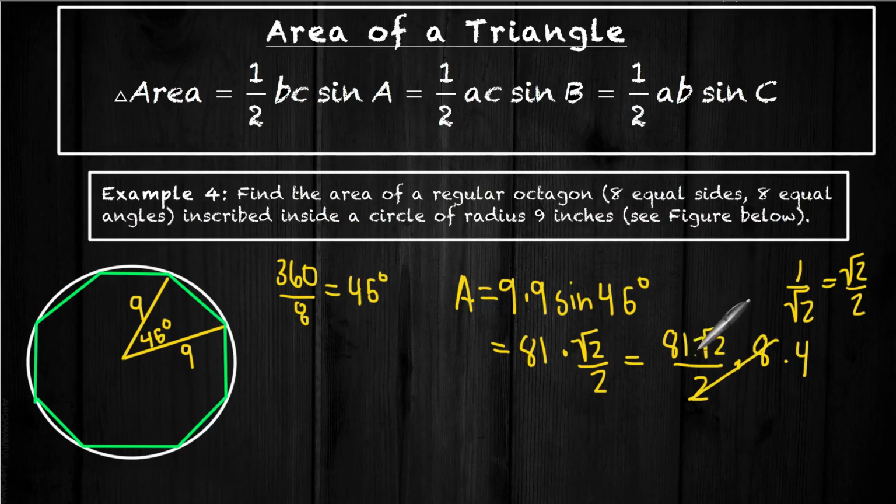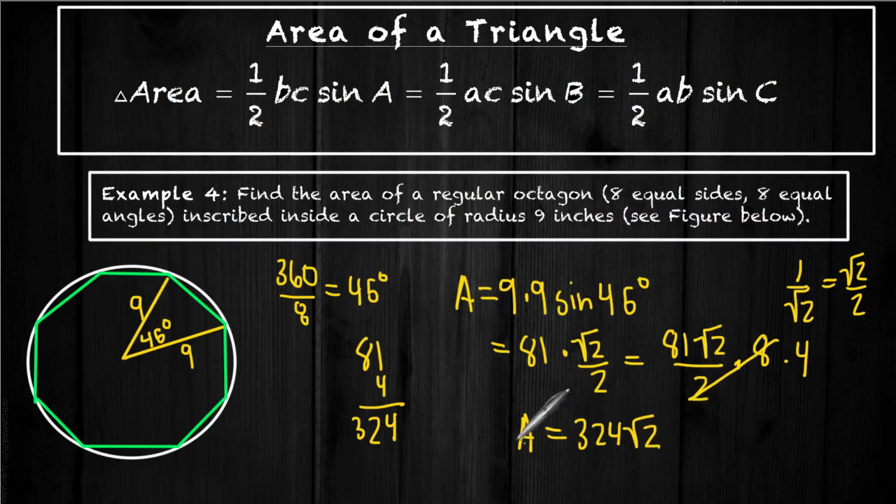So we have 4 times 81, which is 324. So the area of this octagon is going to be 324 root 2. And that is inches squared, because we want to be good mathematicians and put units on our answers. And there's the area.